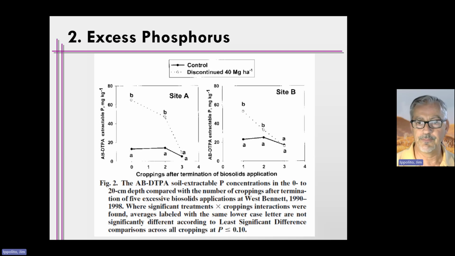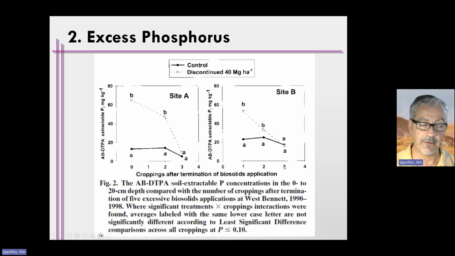So what we find in both of these sites is that the excessive application rate takes 3 cropping cycles for the concentrations of phosphorus in the soil that the plant would, quote, see to come back to background. That occurred at site A, and it took 3 cropping cycles at site B for the excessive application to come down to background.